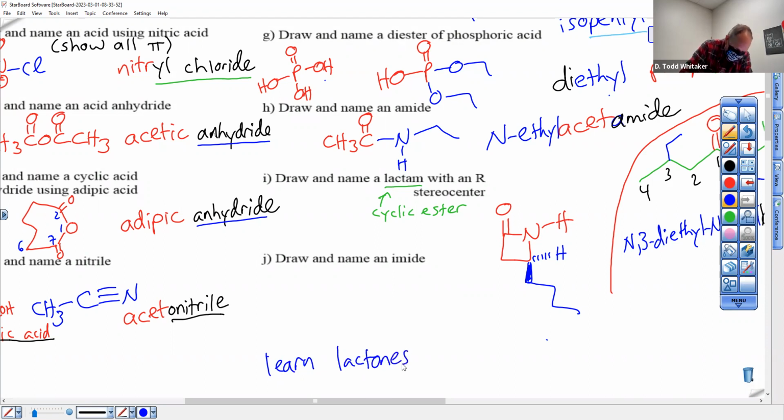They're not cyclic. Oh, wow. There was a mistake here. These are cyclic esters. What is a cyclic amide? Clearly, that's not an ester. Help me out. What is it? It's a cyclic amide. I don't know why I did that. Too much going on. That's what's going on.